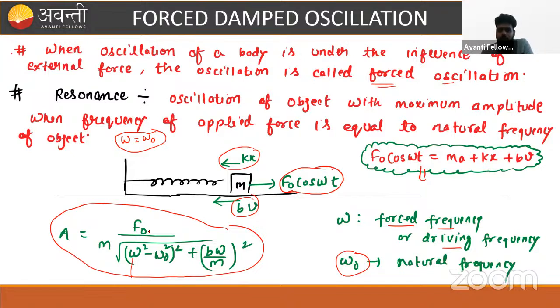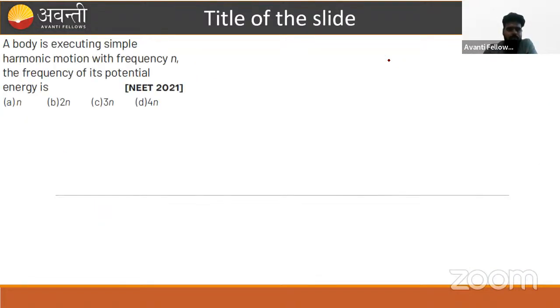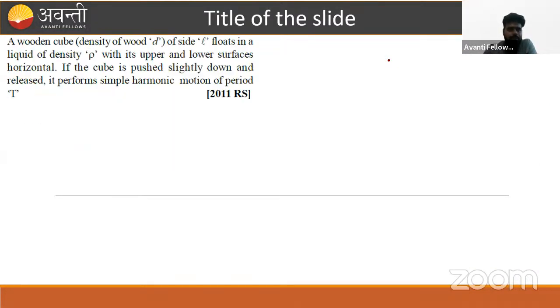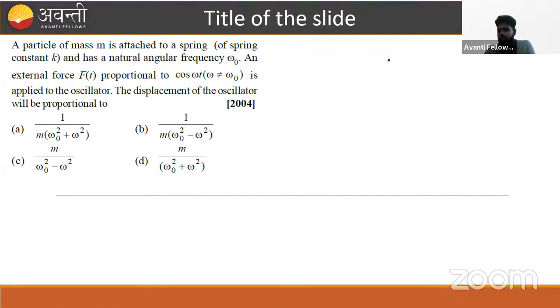In the previous years this type of question is asked, and we see one question on this concept. This is the question that was asked in 2004. A particle of mass m is attached to a spring, natural frequency is omega naught. An external force, that is a function of time, F naught cos omega t, is applied to the oscillator.